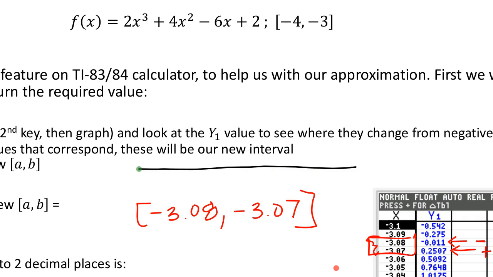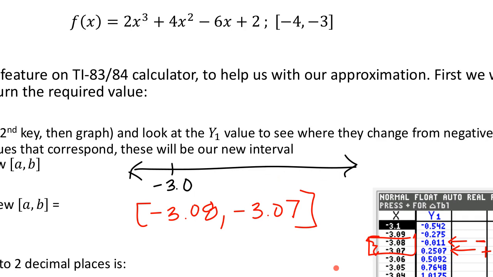Say that this is negative 3.08, and this is negative 3.07. What's between them? You have negative 3.071, negative 3.072, 3, 4, 5, and so on.